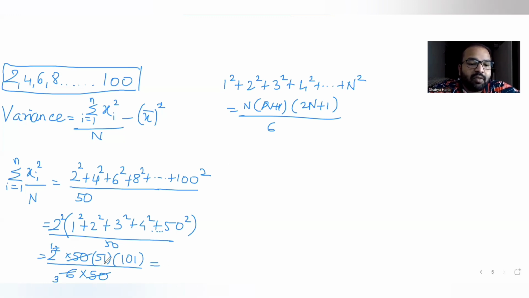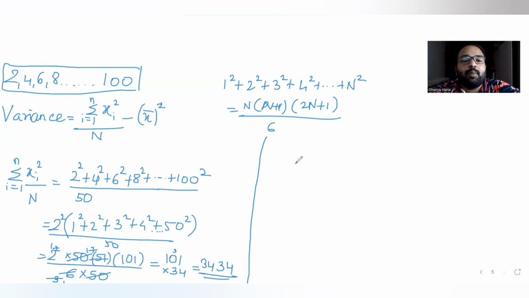This gives me 51 into 2 into 101. I can also cancel 3 with this. 3 ones are 3, 3 17s are 51. So 101 into 17 into 2, so 101 into 34. Right? So 34 ones are 34, 34 zeros are 0, and 34 ones are 34. So I get 3434 here from the first part.